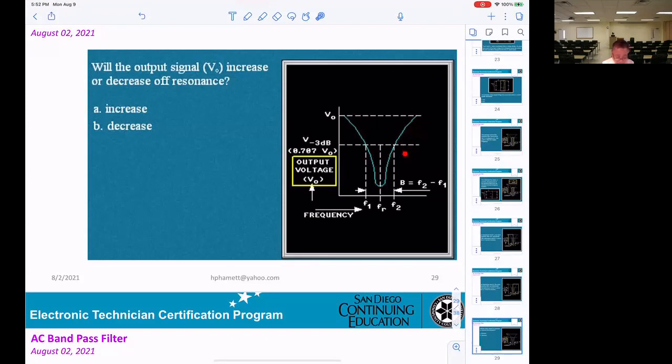That means the frequency here and the frequency here increase, correct?